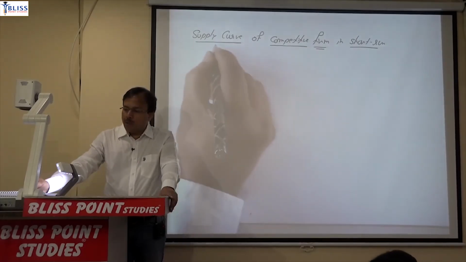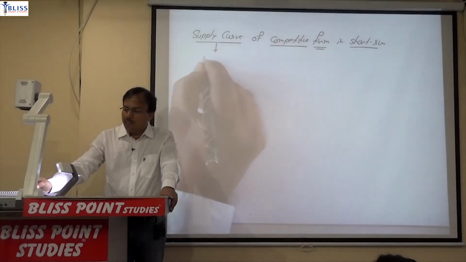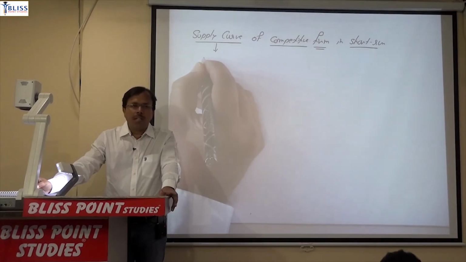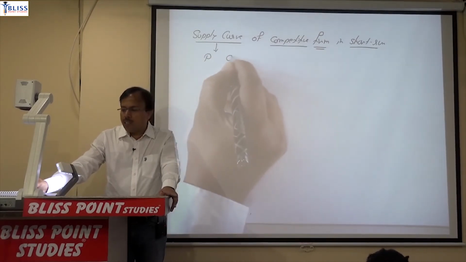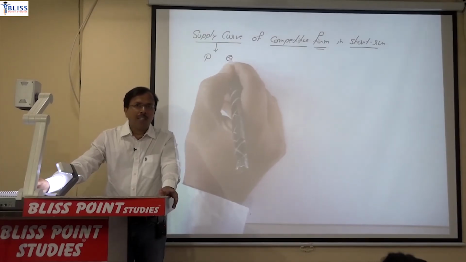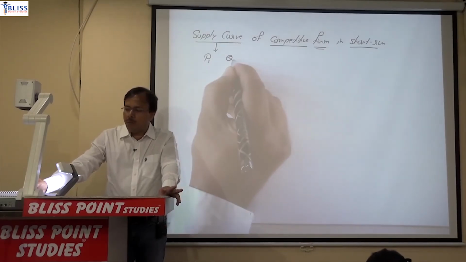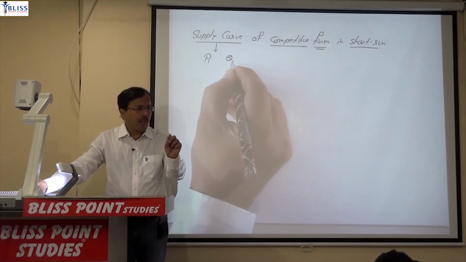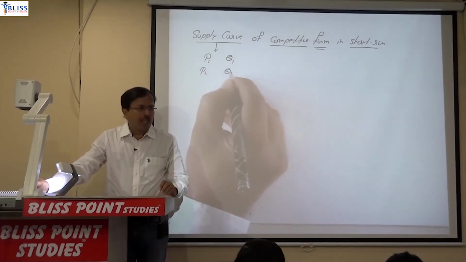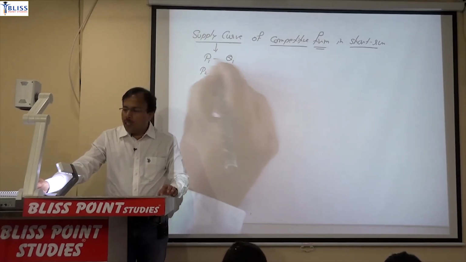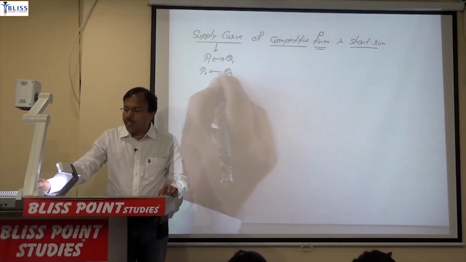Remember, when you have to explain supply curve is said to be explaining relation between price and quantity supplied. So if I say at price P1 supply will be Q1, I will get 1 point. At price P2 quantity will be Q2, you will get second point. By joining all those combinations, you can get supply curve of firm.